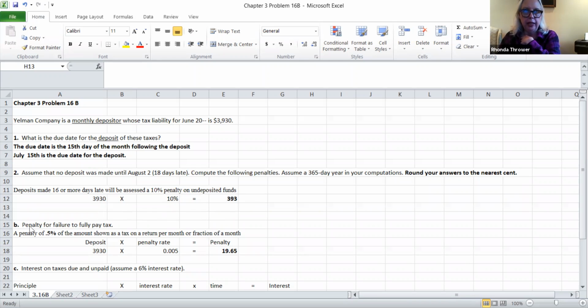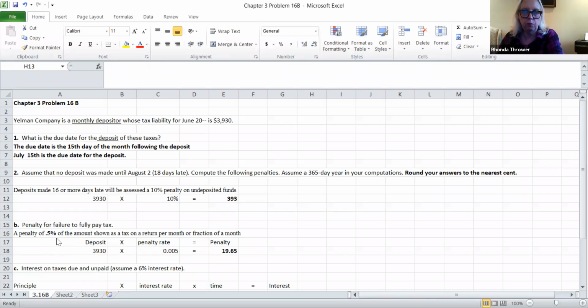In part B of number 2, they want you to calculate the penalty for failure to fully pay the tax. The full amount of the tax deposit should have been $3,930, and there's going to be a 0.5% penalty on that deposit amount. This is the penalty for failure to fully pay the tax.